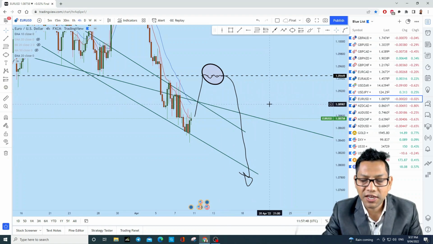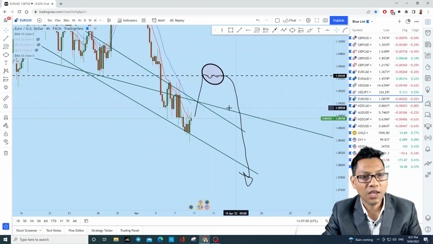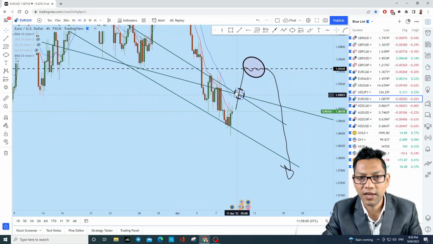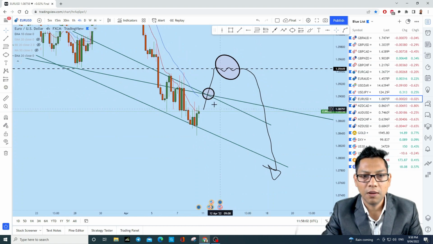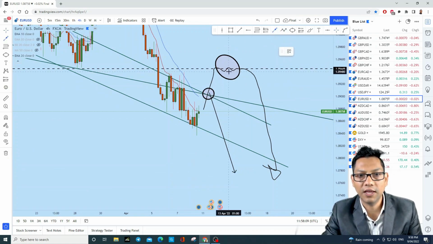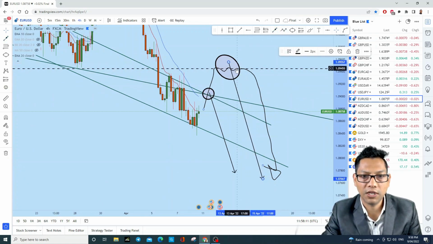So I will be trading Euro Dollar again. If I see it either break this channel to the upside, go to this zone, then I will be looking for a sell setup, or I will be waiting for the price to come here and create another bearish price action. But I think there is a high probability that Euro Dollar will come to this level, or if it breaks here, then there is less probability it will go there.